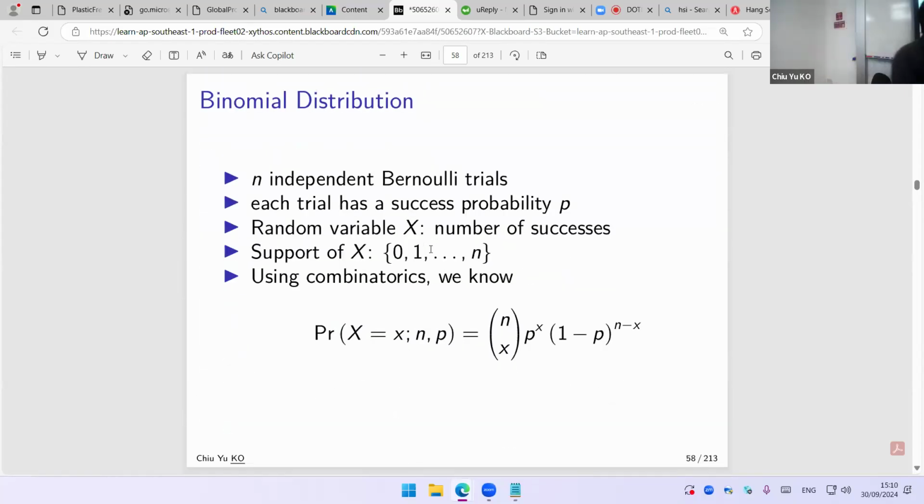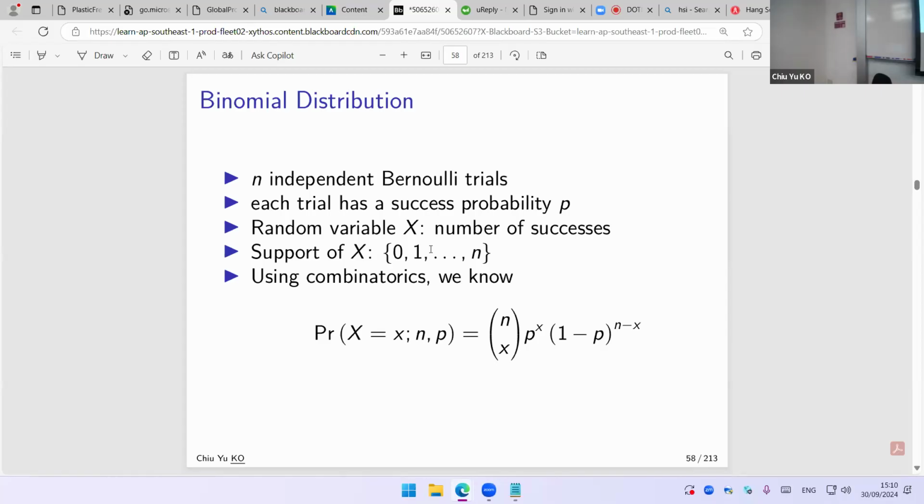Let me go to this one. I think it's the most important thing here. This is the binomial distribution. It's actually related to the binomial combination we learned in the last chapter. That is exactly used here. Why learn combination? It's because of this.